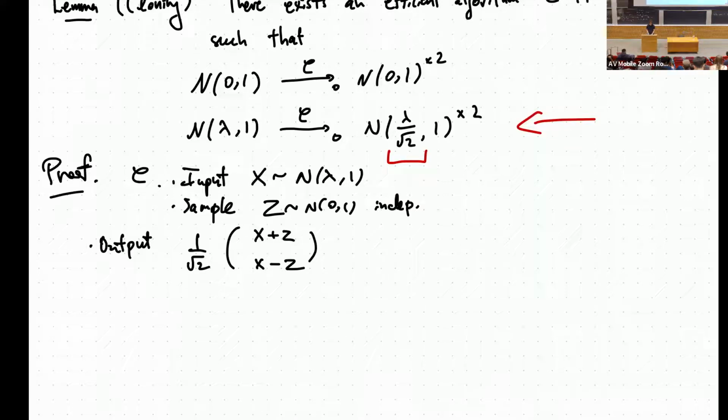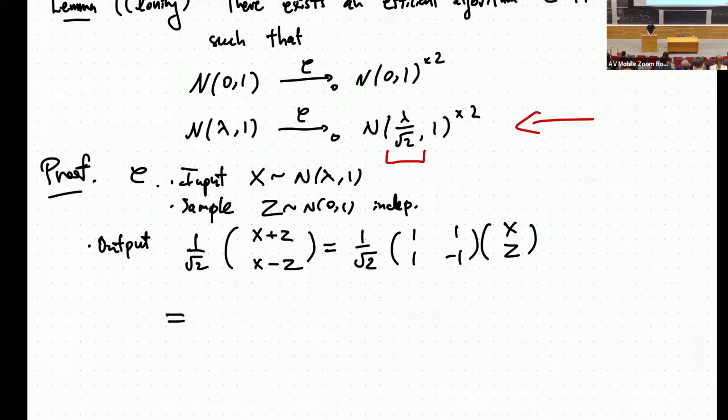So why is this going to be what we want? Well, this is 1 over root 2 times the matrix 1, 1, 1, minus 1, and then the vector x, z. And x is a Gaussian with mean lambda, so this is equal to lambda plus standard Gaussian.